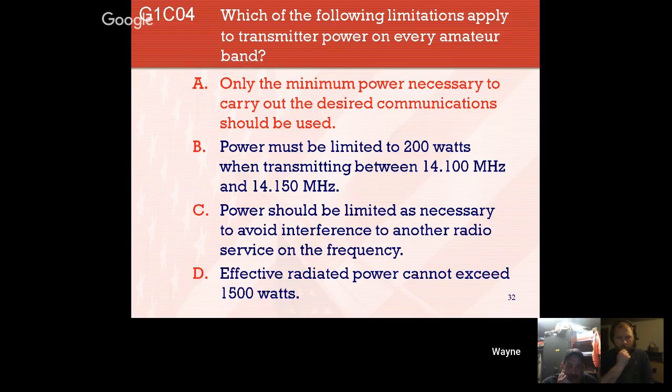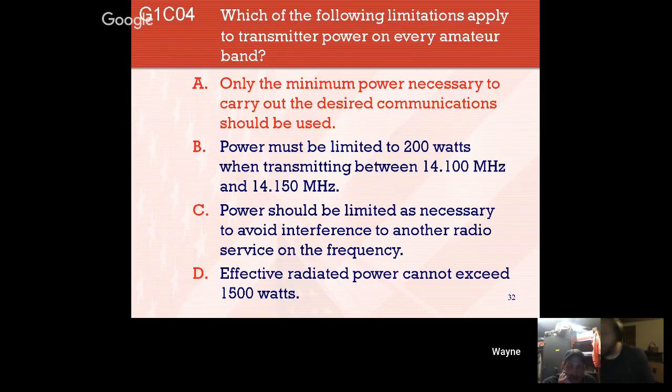Now, this isn't a hard and fast rule. Just kind of keep this in mind. This is not a rule. It's a recommendation more than anything. So it's not so much a limitation as it is good operating practice.